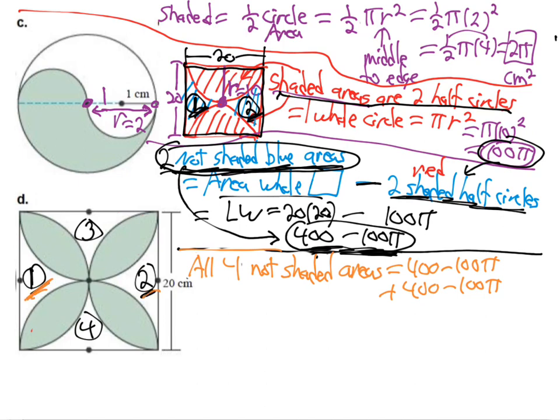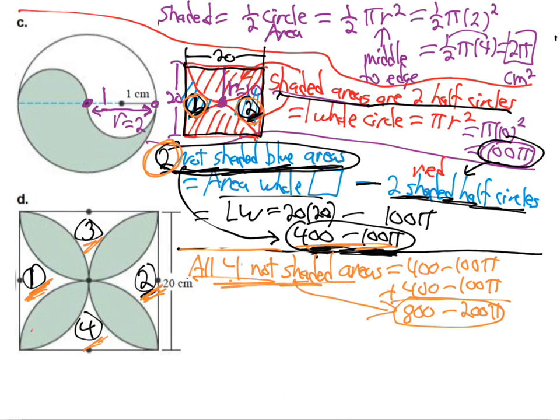Because two of them, we already said two of them, like these two, make 400 minus 100 pi. So these two make 400 minus 100 pi, and these two are the same, so they make another 400 minus 100 pi. So that adds up to be 800 minus 200 pi. So that's all four not shaded areas.